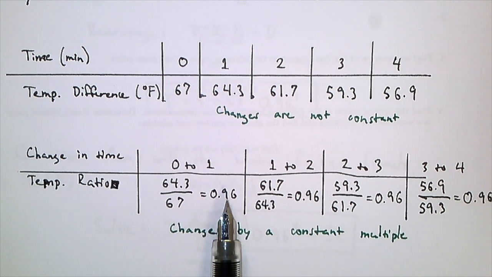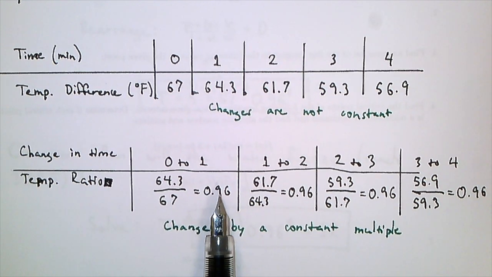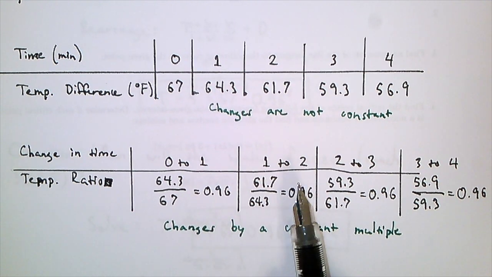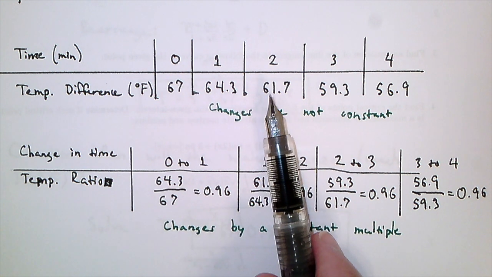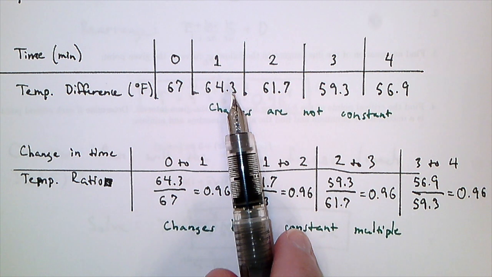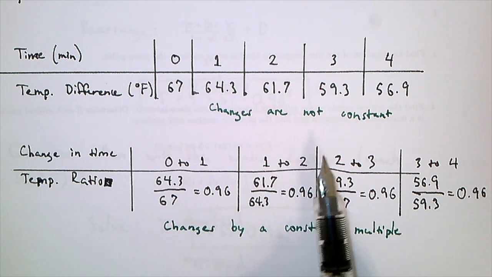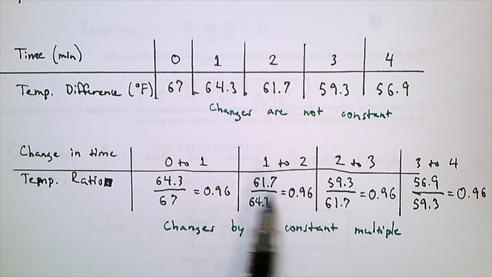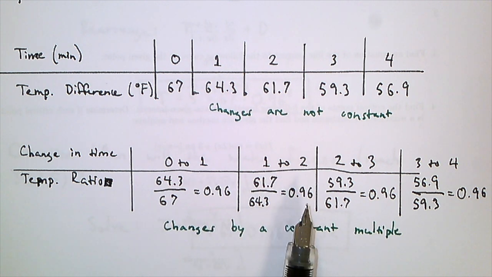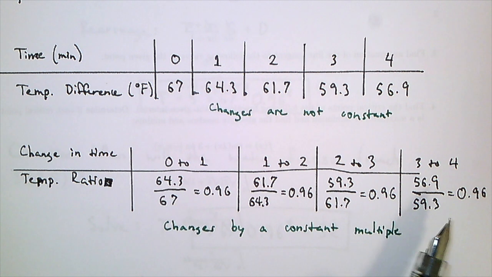And in this table I've rounded everything to 2 decimal places. And then you'll do the rest of the changes from 1 to 2. You'll have 61.7 divided by 64.3, and then continue. And for each ratio, you're going to get the same number, 0.96.